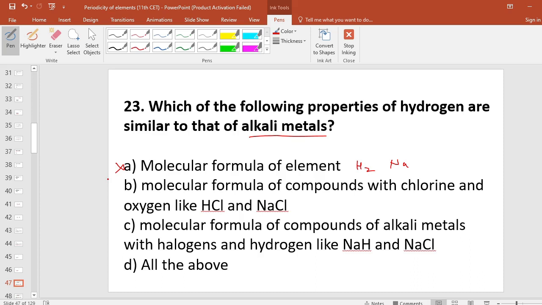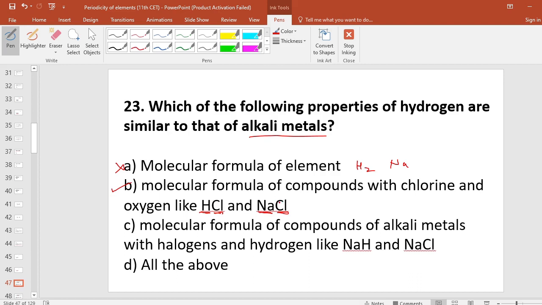Molecular formula of compounds with chlorine and oxygen, those must be similar, that is HCl and NaCl. Hydrogen can form a compound with chlorine which has molecular formula HCl. Similarly, alkali metal sodium can form a compound with chlorine and the molecular formula is NaCl. So this might be the answer.